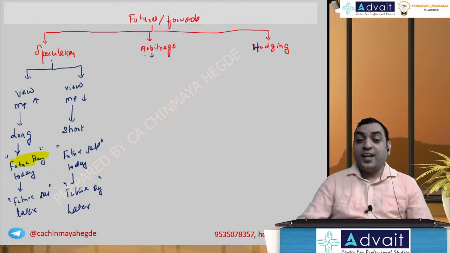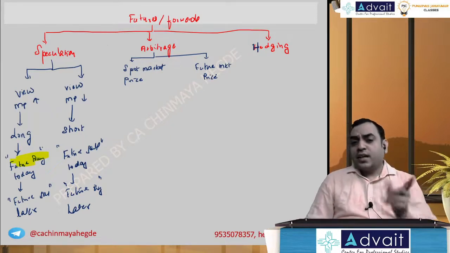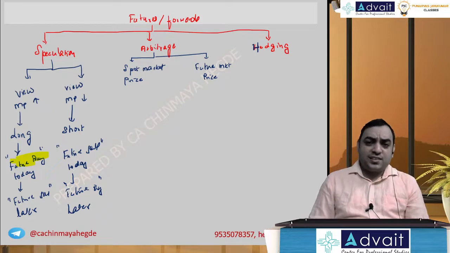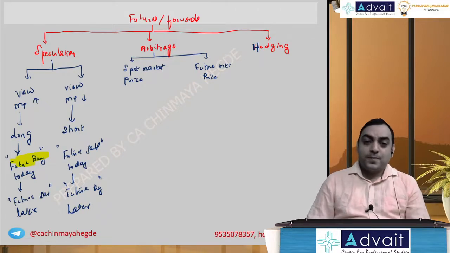We have to compare two things: one is the price in the spot market, and we compare it with the future market price. Now, can I compare these two data as they are? Can I compare spot market price and future market price? No, I cannot compare.